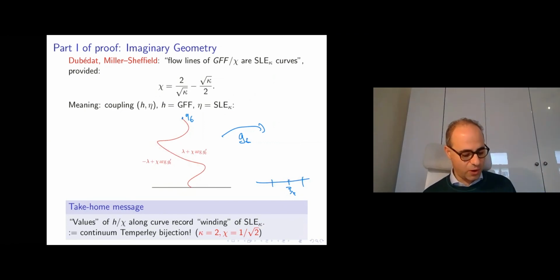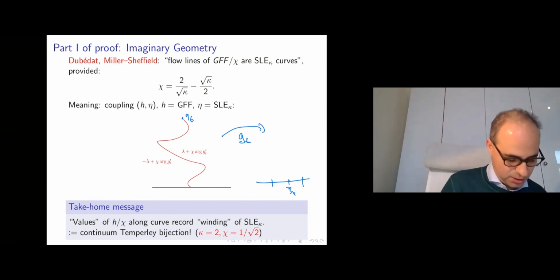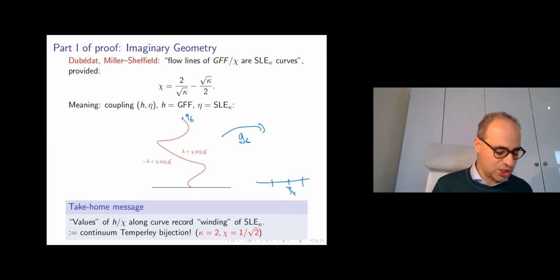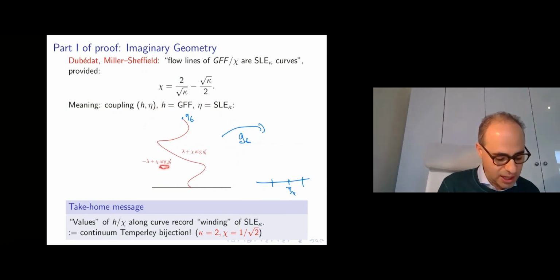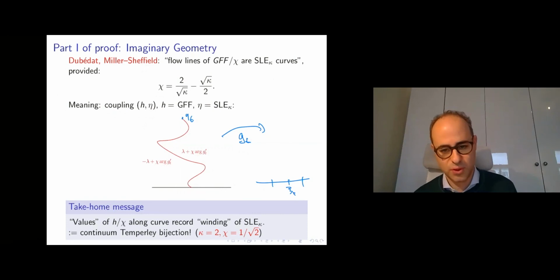So we have this conformal map that removes the curve, and what I'm saying is that given the curve, the value of the Gaussian free field is just a Gaussian free field in the complement of the curve, where the boundary values are given by basically chi times the argument of the derivative of the conformal map, G prime.